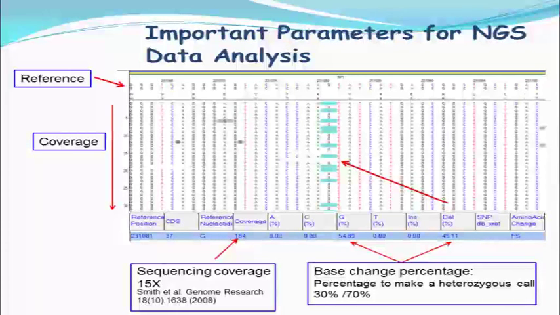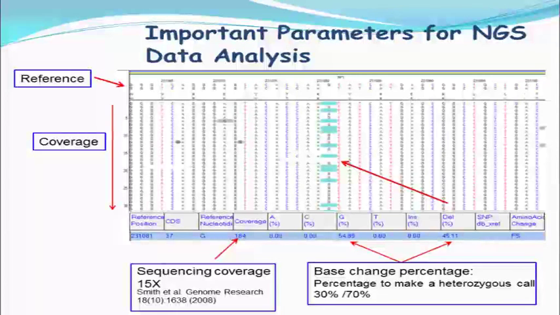In this particular position, the coverage is 184X, which means this position has been sequenced 184 times. And in 2008, a study showed that in order to obtain reliable sequencing results, you need a minimum of 15X coverage.